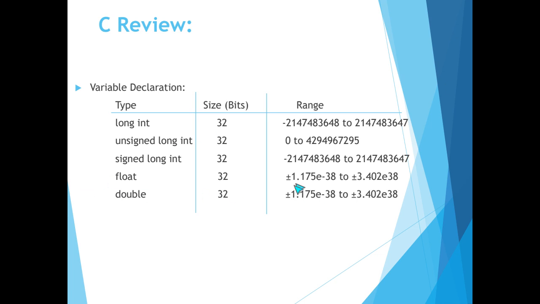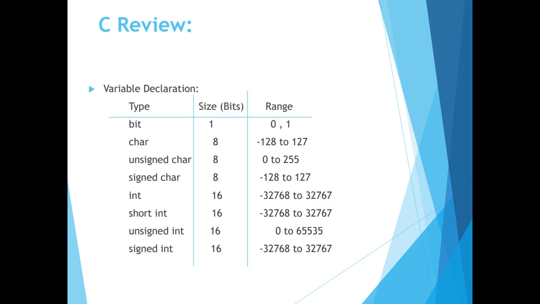As you see here, they are including real numbers. So we understand that our compiler needs to have a variable declaration for what?